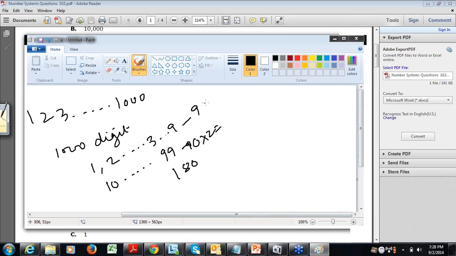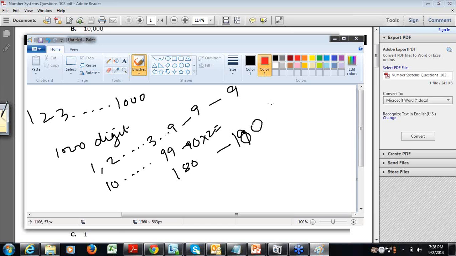So single digit is 9 digits, and all 2 digit numbers give 180 digits.